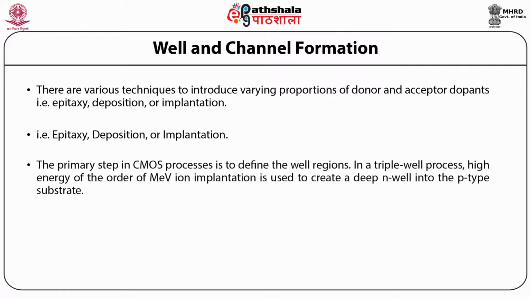Now the primary step in the CMOS process is to define the well regions. So in a triple well process, high energy ion implantation, of the order of mega electron volts, is used to create a deep n well in the p-type substrate.